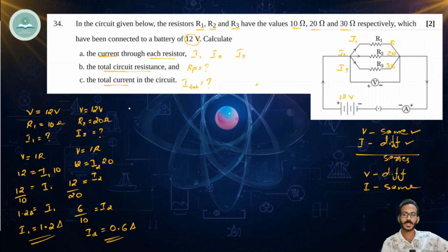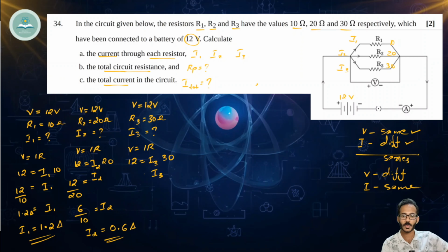Now coming to the third current, same procedure. V is equal to 12 volt. Since it is a parallel connection, no change. R3 is equal to 30 ohm. We have to find I3. Again, V is equal to I into R. V is 12, current is I3, R is 30.